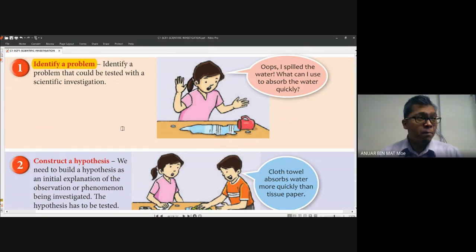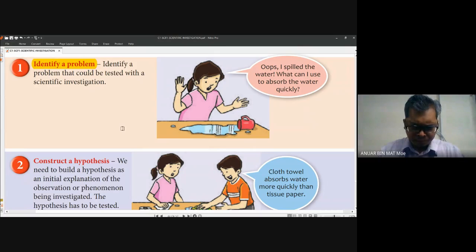Because many famous scientists, many years ago, when they discovered something, the answer or the explanation was based on their curiosity. Okay, that's why it is very important in science that you have that sense of curiosity, the need to know something. Okay, you need to know why this is happening.